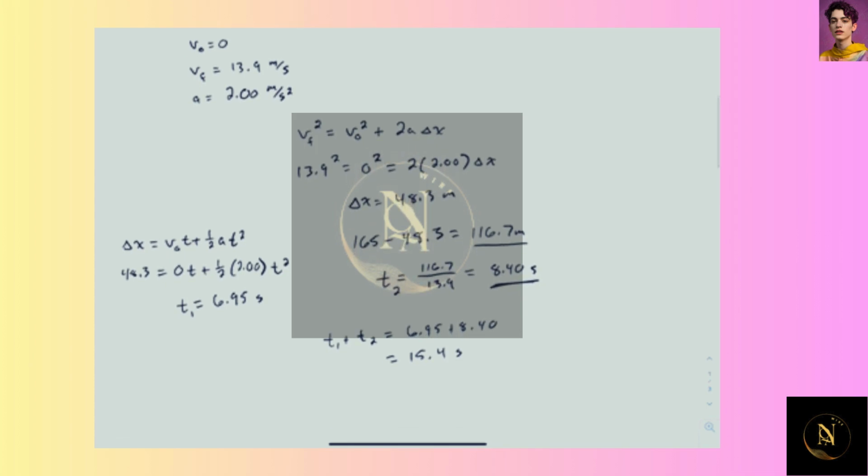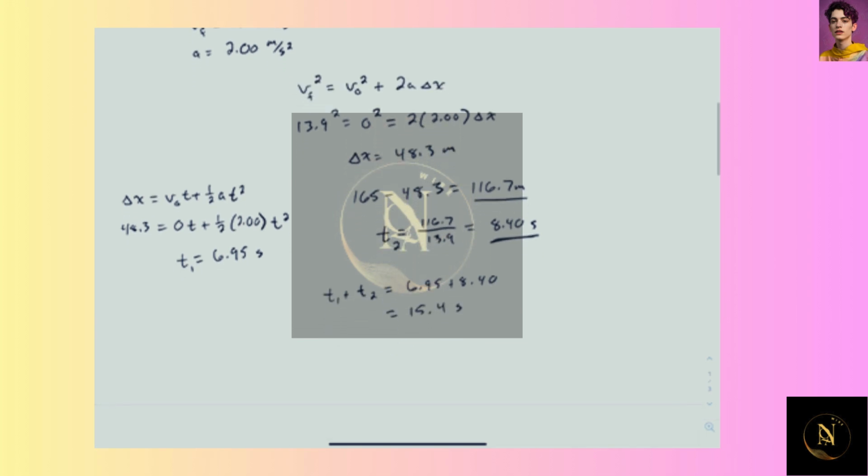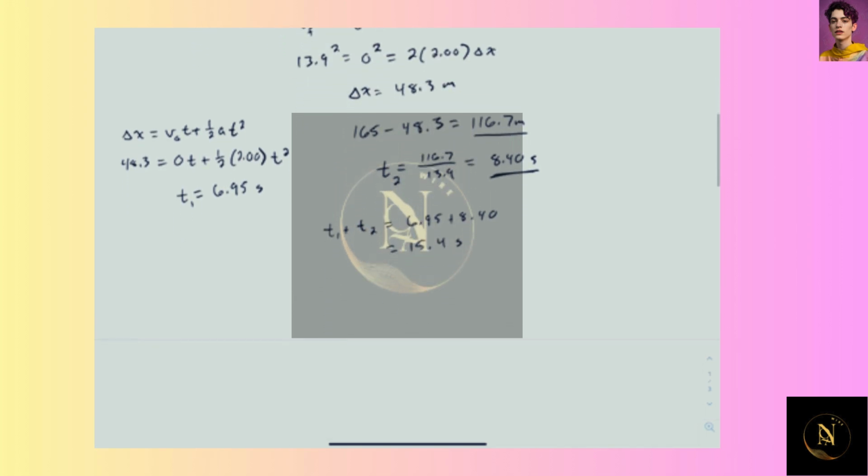So the second car does not make it through the light. And how much time does it miss it by? Well, it overshoots it, 15.4. And we wanted to go in 13 seconds. So the second car misses the light by 2.4 seconds.